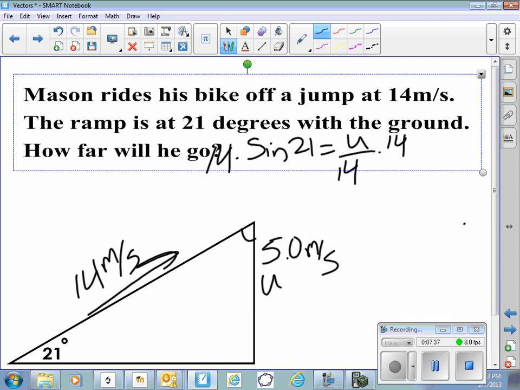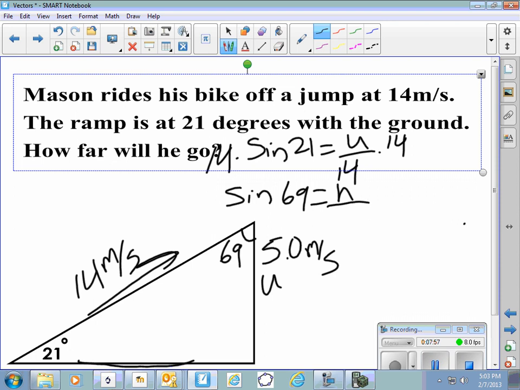So finding the horizontal direction, we need to find the other angle, which is 69. The sine of 69 is equal to the length of the side opposite, we call that the horizontal, divided by the hypotenuse. It's 14.